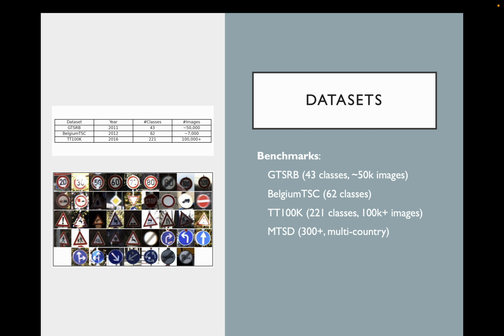TT100K is another one with 221 classes and 100,000 plus images. MTSD is newer with more than 300 classes from multiple countries, so it's more about diversity as well. Models are evaluated using accuracy, precision, recall, F1 score, and mean average precision.